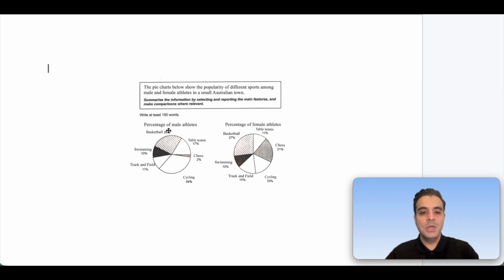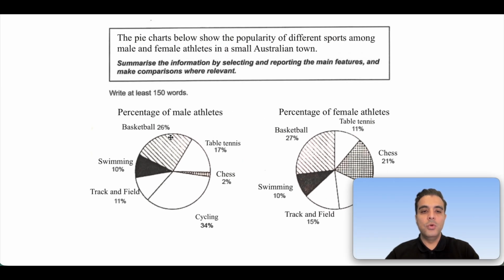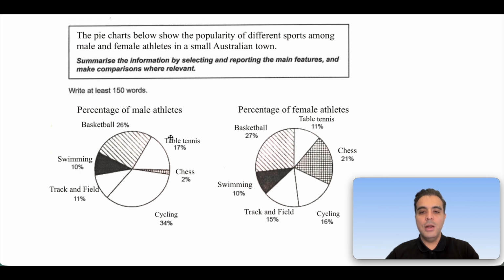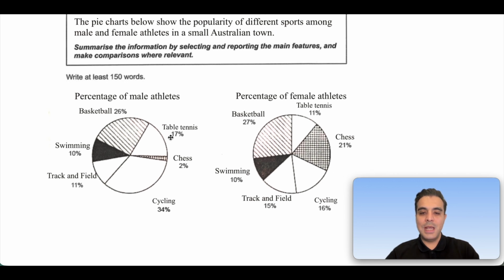So for instance, an easy example here would be looking at this pie chart and saying that, for example, more female athletes were interested in basketball than chess, for instance. 27% is greater than 21%. So very flexible structure that could be used whenever one quantity is greater than another.